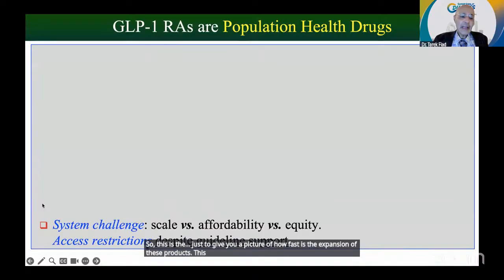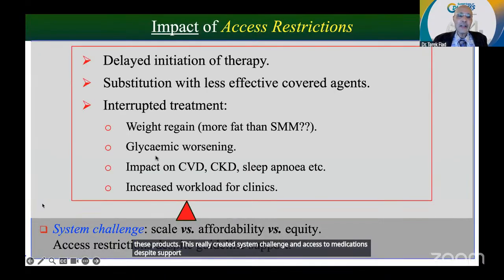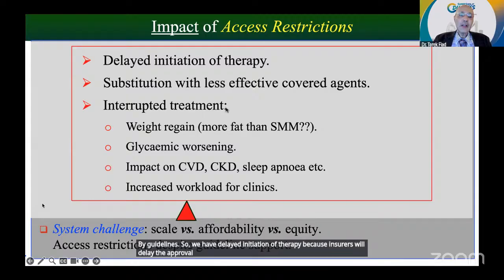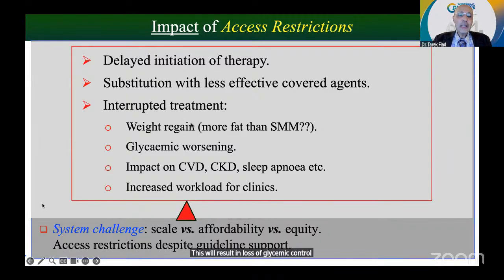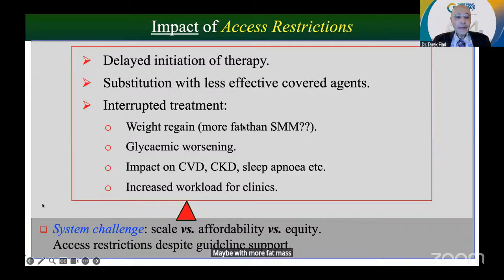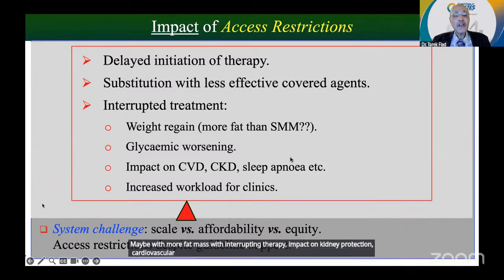This really created a system challenge in access to medications despite support by guidelines. We have delayed initiation of therapy because insurers will delay the approval. This will result in loss of glycemic control, weight regain, interruption of therapy, maybe with more fat mass, and impact on kidney protection, cardiovascular disease protection, and sleep apnea therapy by limiting and restricting the access.